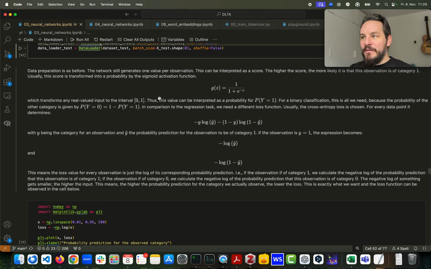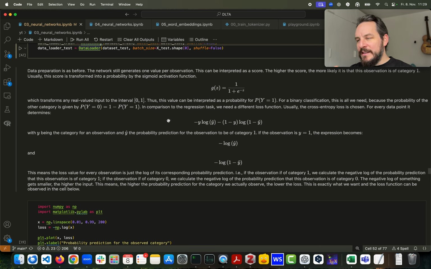And if we have so-called disjoint events, so it can be either category 0 or category 1, it cannot be both, then the probabilities for what can happen need to sum up to 1. And this is perfectly met if we do it like this.